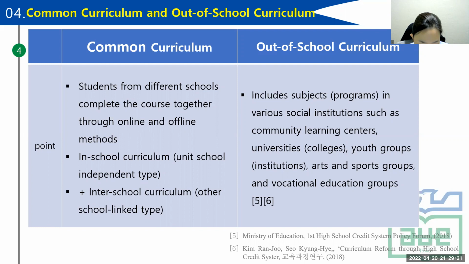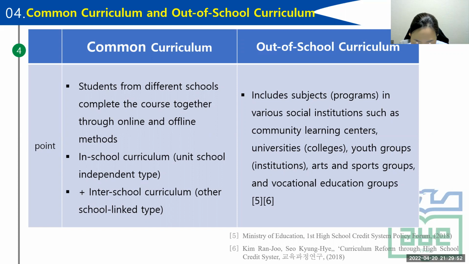On the other hand, the out-of-school curriculum is a system that can complete credit through subject programs in various social institutions, such as community learning centers, university or professional college, youth organizations, or art and physical education organizations, and vocational education organizations.